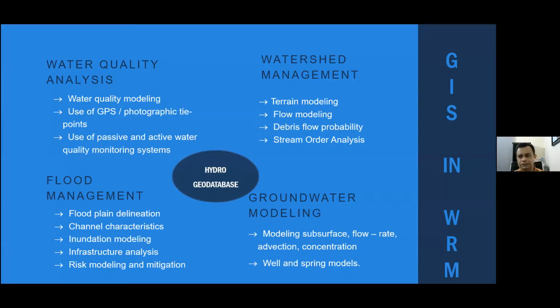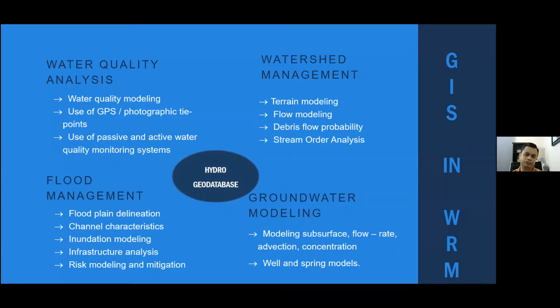So for integrated water resource management, what can GIS assist us with, or how can we deal with the challenges that we have discussed today? How can we handle these issues in GIS? For this, we can think about a hydro geodatabase that will be very helpful for us to tackle these issues and to think about water resource management.